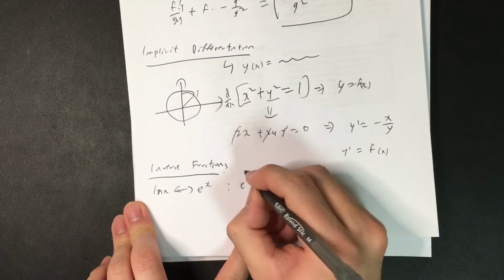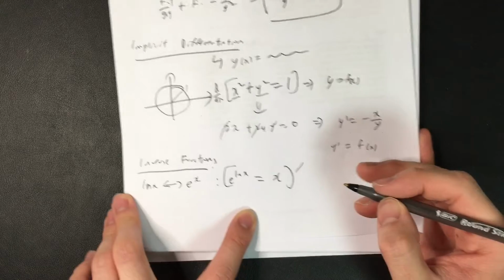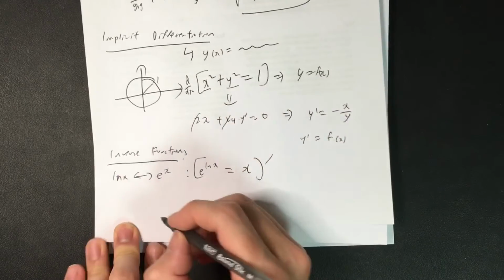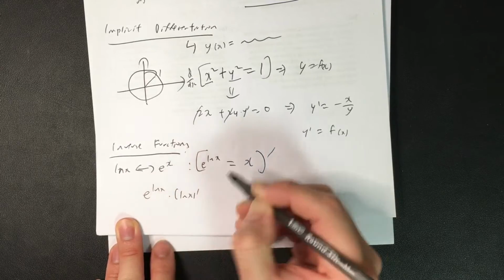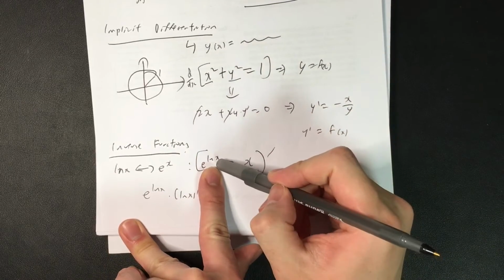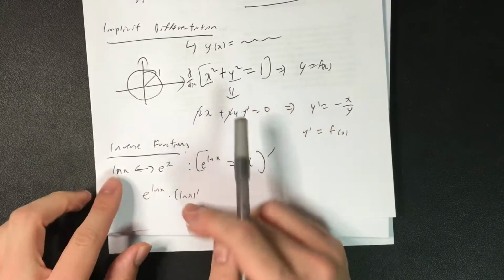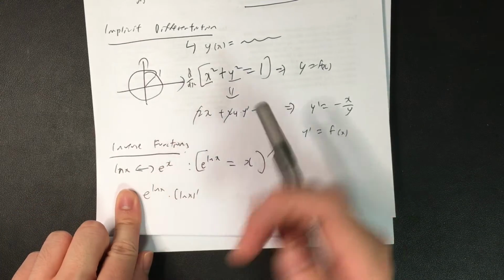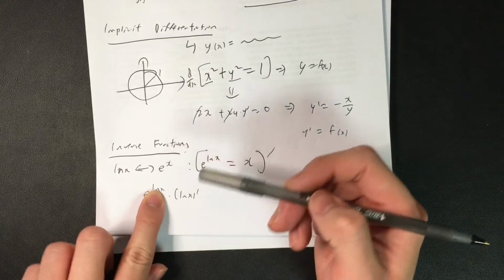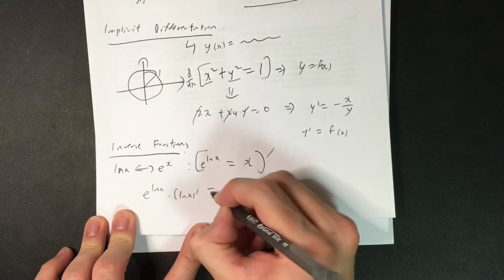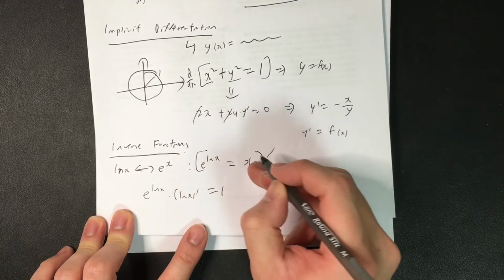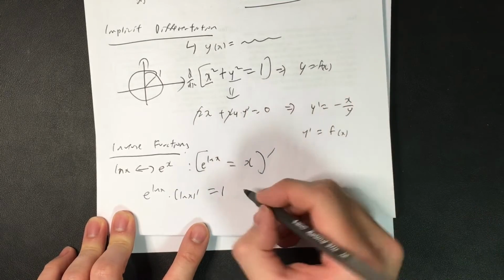Now from here, I take the implicit differentiation, in which the left-hand side becomes e to the ln x times (ln x) prime, because I first take the derivative with respect to the natural log of x, which is going to be e to the natural log of x, times the derivative here. This again aligns with the chain rule that I talked about before. And the right-hand side becomes 1, since the derivative of x is just 1.